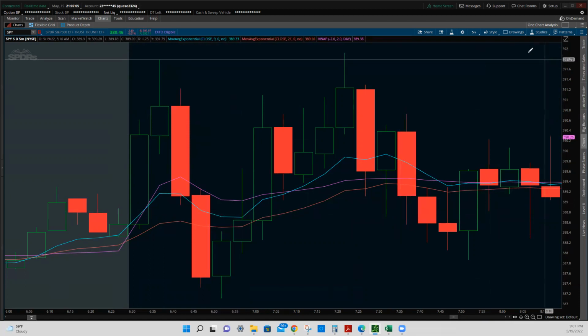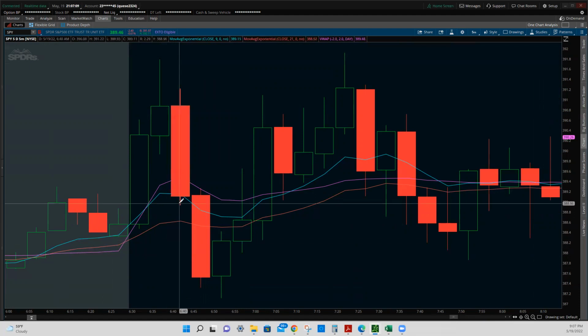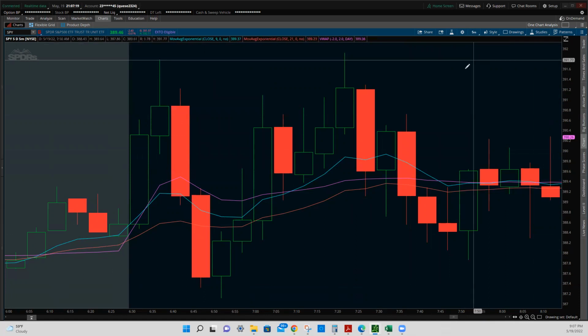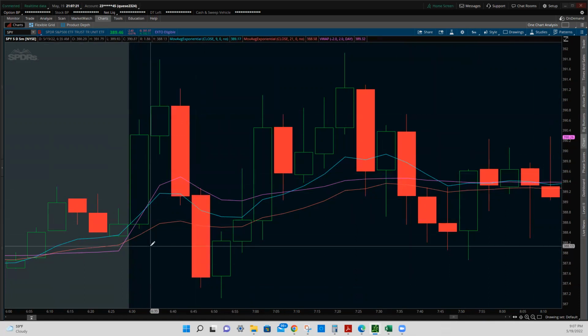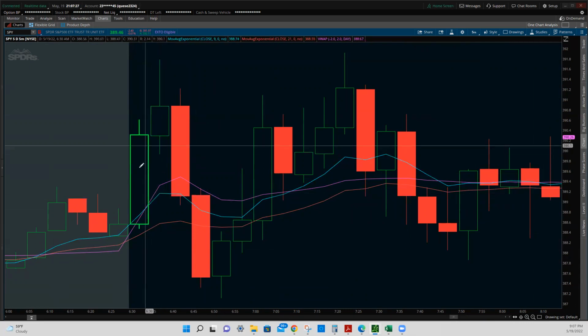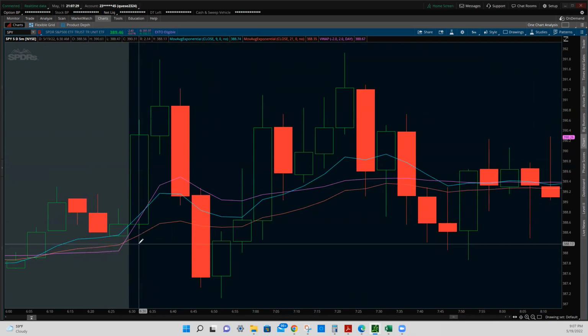So if our input was 9, this means that this is tracking the average of the previous 9 candles within the time frame that we're looking at, right? So since we're looking at this on a 5-minute chart, this is taking the average of the last 9 candles within a 5-minute time frame.